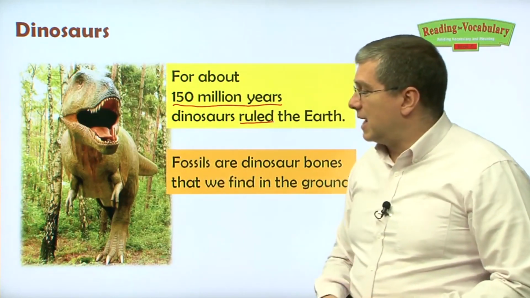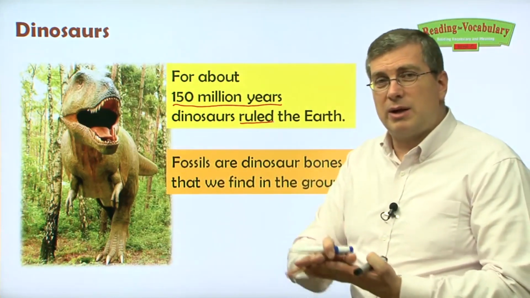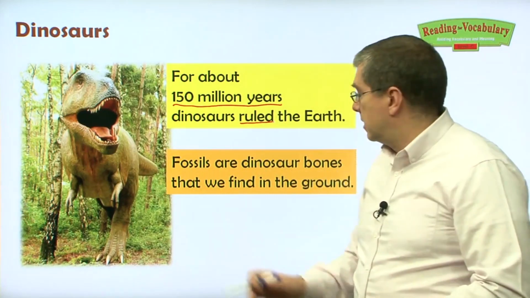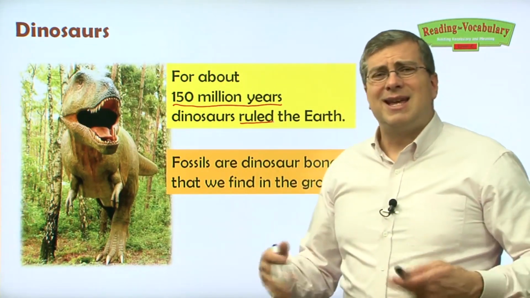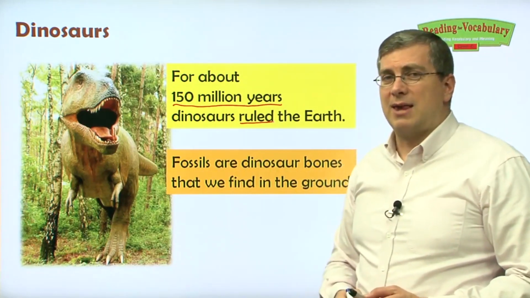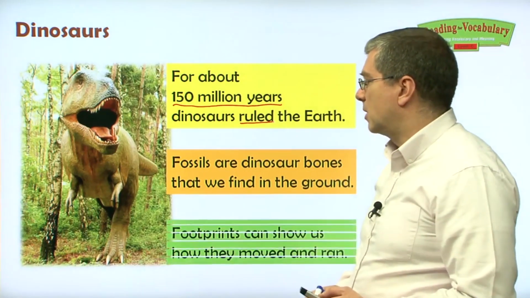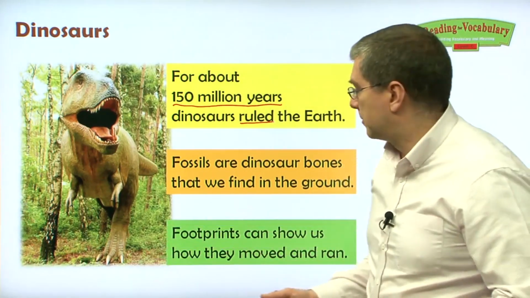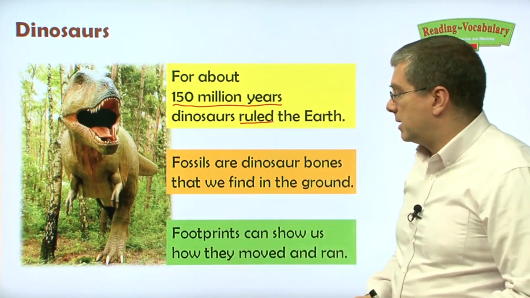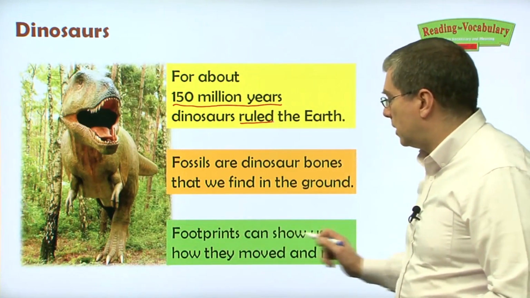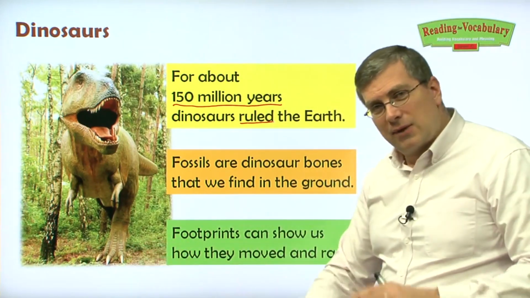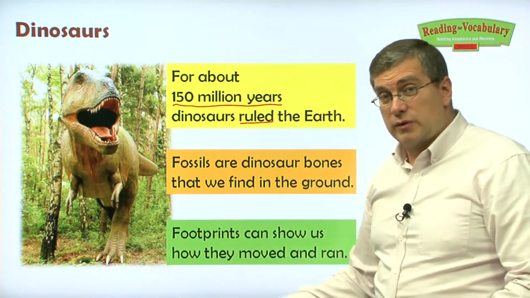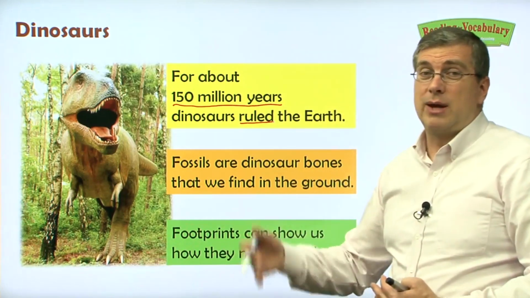So the bones of the dinosaurs that were put in the ground and some of them turned to rock, those are fossils that we can find in the ground. They tell us about the dinosaurs and that they had lived a long time ago, even though we don't remember them. Finally, another thing about dinosaurs, footprints can show us how they moved and ran. So when they were walking, they left footprints in the mud. That shows us how they moved and how they ran.